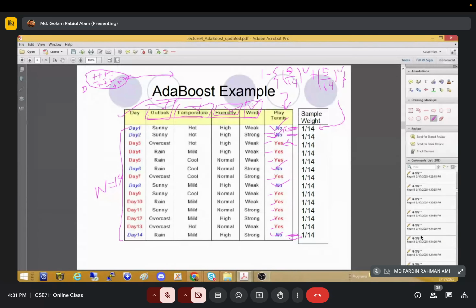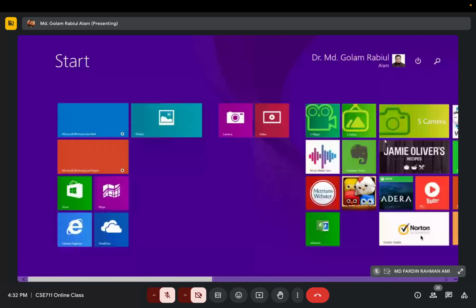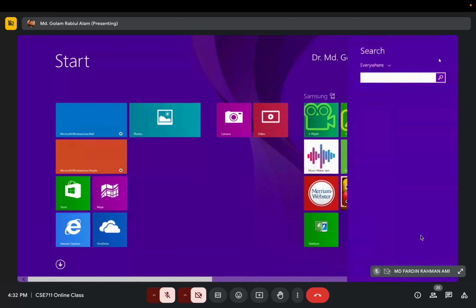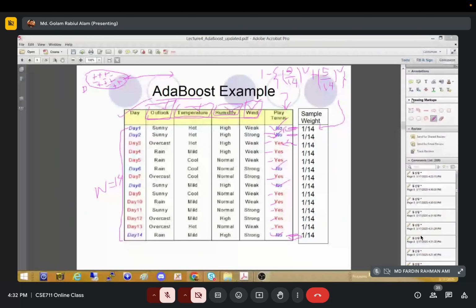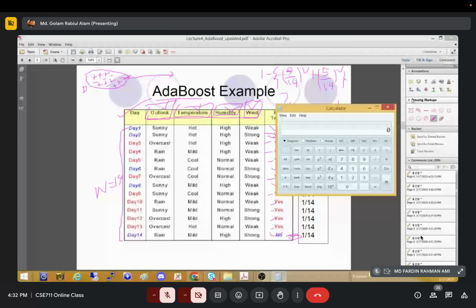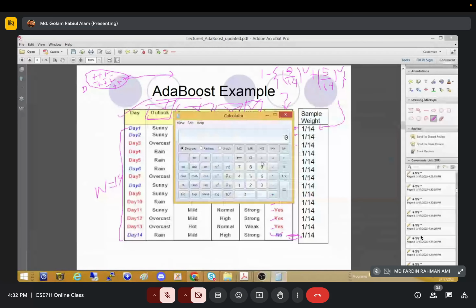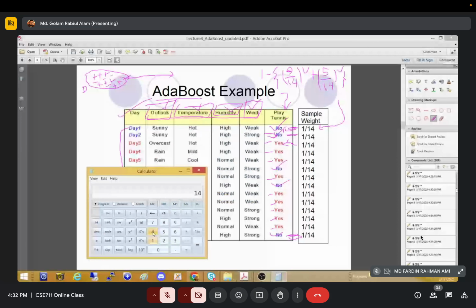So what will be the Gini? In that case, the Gini will be 1 minus 9 square divided by 14 square, and 14 square is 196.